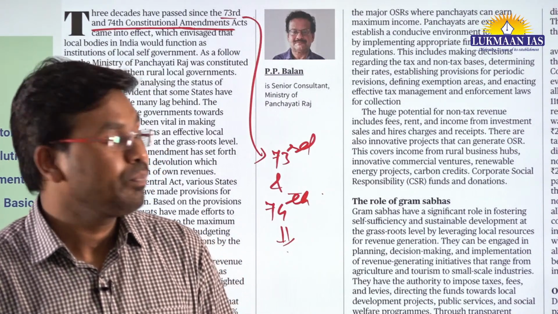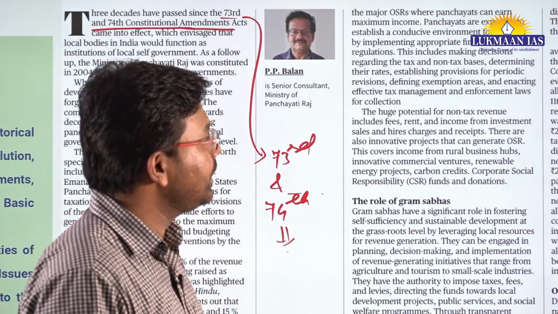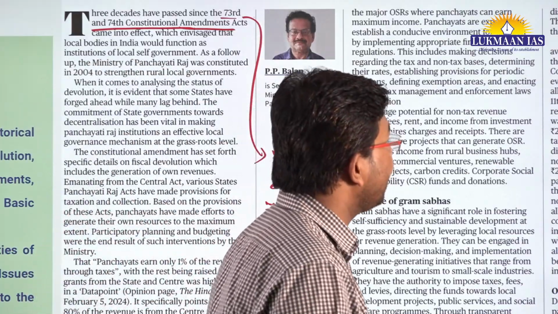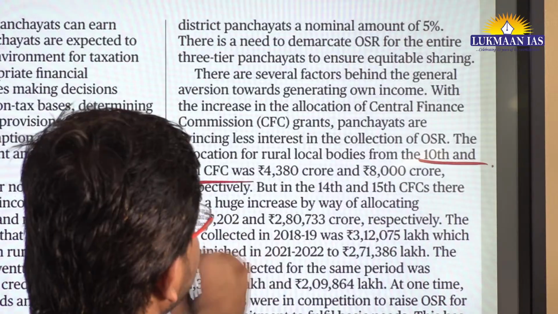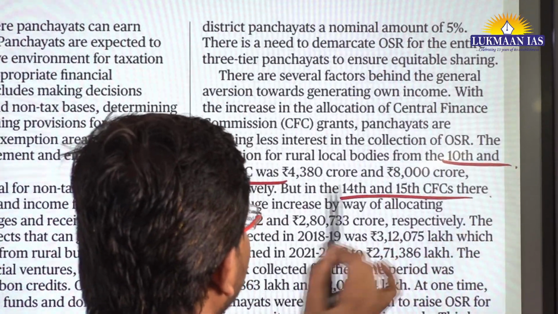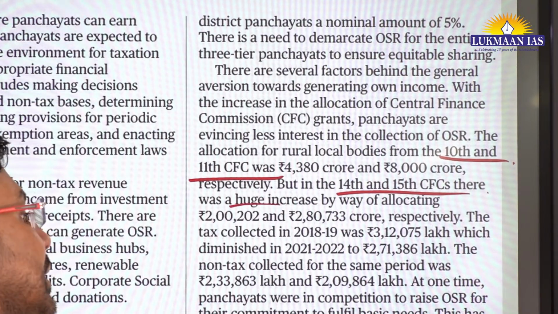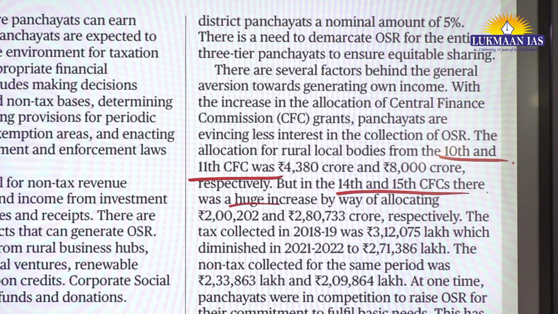Okay, so the Central Finance Commission has been allocating funds to the Panchayati Raj institutions year on year. In this article they have referred to the 10th and 11th Finance Commission grants, and also the 14th and 15th Central Finance Commission grants. So these grants from the Central Finance Commission have increased over the years.